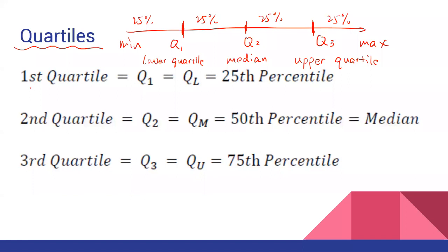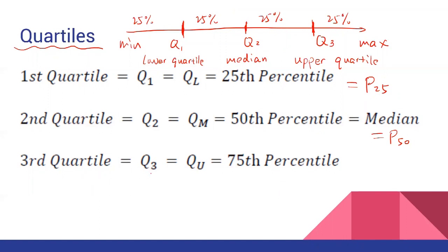So these are called quartiles, right? So in the summary, first quartile is Q1 or QL or lower quartile, which is also P25, right? Because on the left-hand side of the Q1, the percentage is 25%. The second quartile is also called Q2 or QM or median, which is P50, because there is 50% of all the data on the left-hand side of Q2.